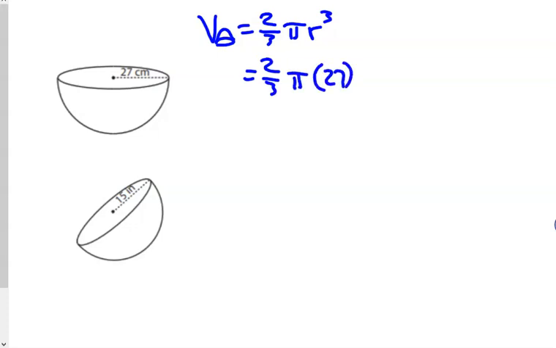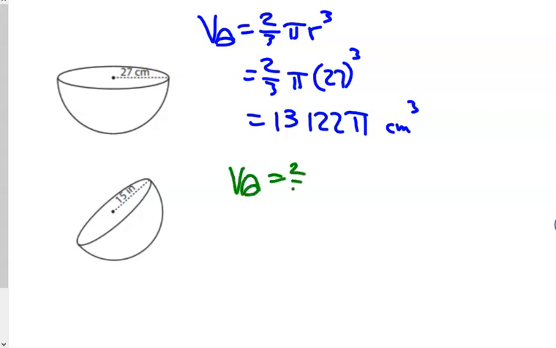So 27 is being cubed. So 27 cubed times 2 divided by 3, we're going to get 13,122 pi cubic centimeters.